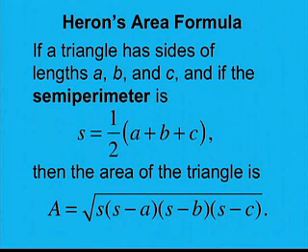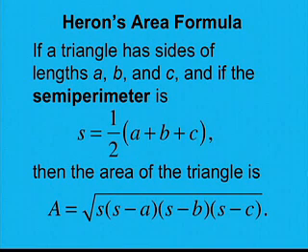If a triangle has sides of lengths A, B, and C, and if the semi-perimeter is equal to little s equals 1/2 the sum of the quantity A plus B plus C, then the area of the triangle is equal to big A for area equals the square root of the entire quantity, the product of S times S minus A times S minus B times S minus C.